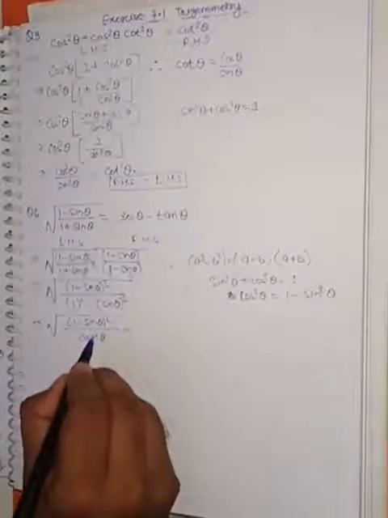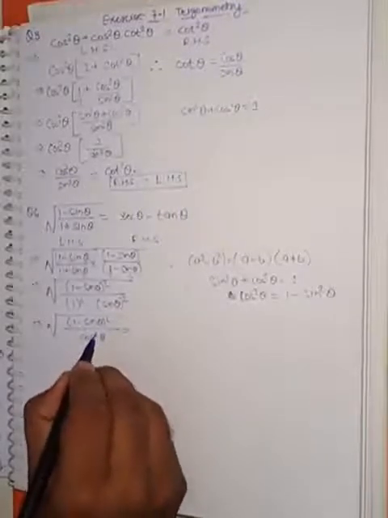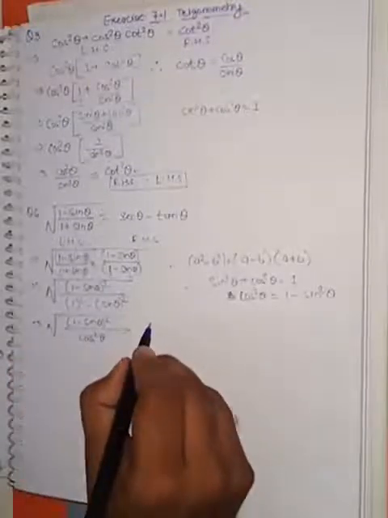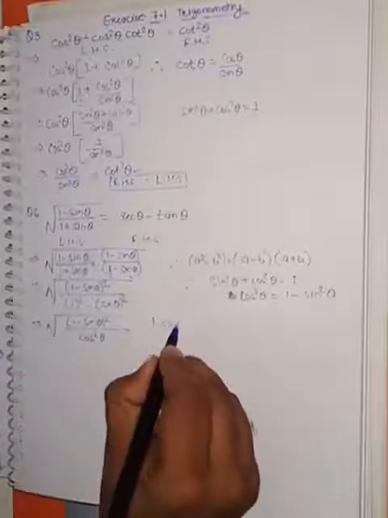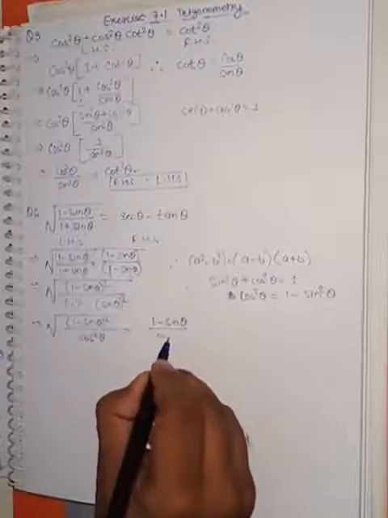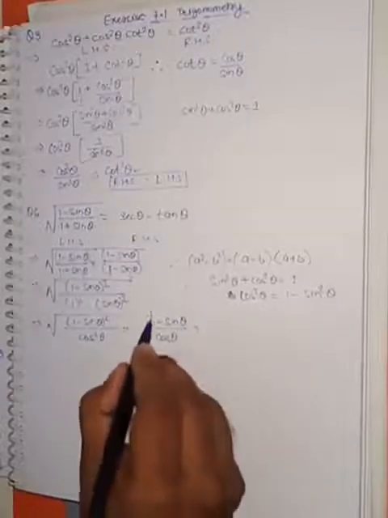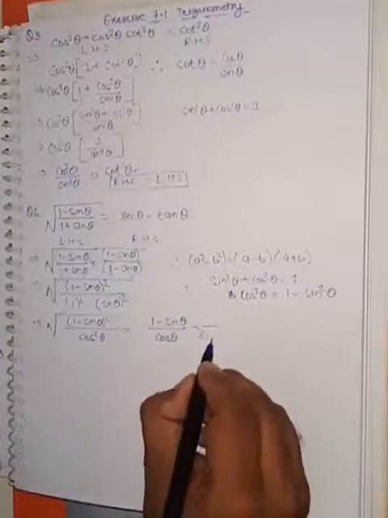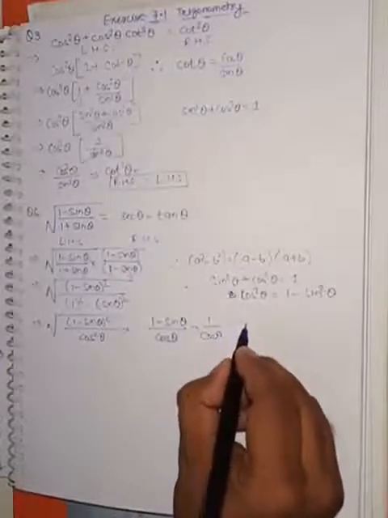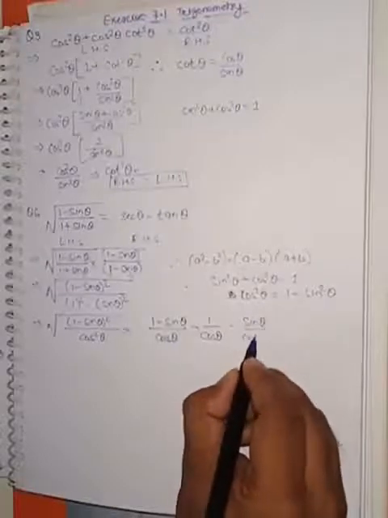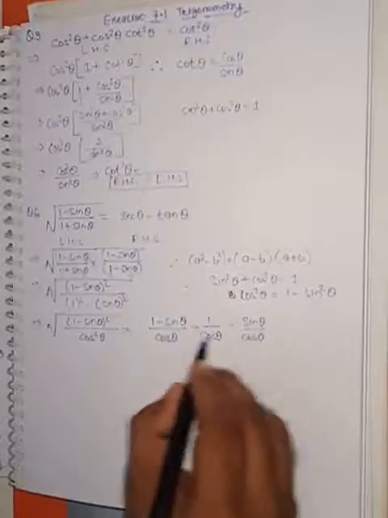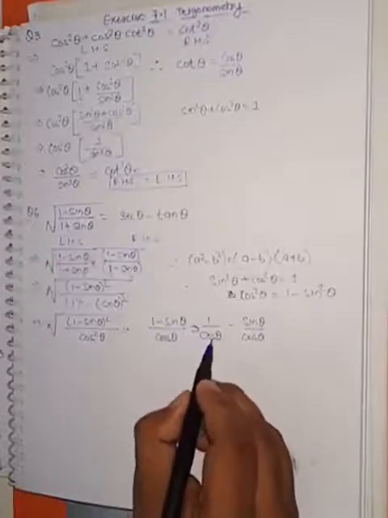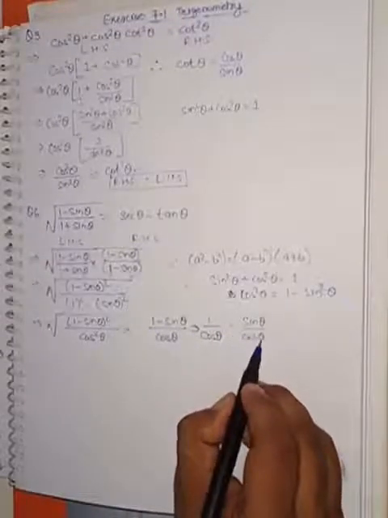Now this is a square and this is also a square, so the square and the square root cancel out. We get 1 minus sine theta divided by cos theta. Now we can separate these values and write it as 1 by cos theta minus sine theta by cos theta.